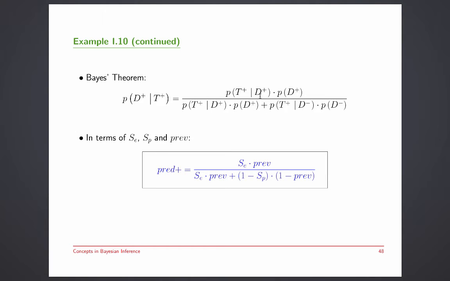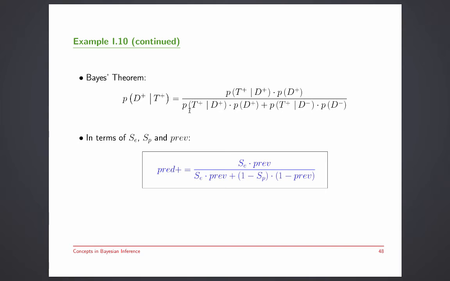We can rewrite this expression of Bayes' theorem in terms of sensitivity, specificity, and prevalence, since, of course, this component, the conditional probability of a positive test result conditional on the disease status, is the sensitivity. The probability for disease status being positive, so being diabetic, that's the prevalence.